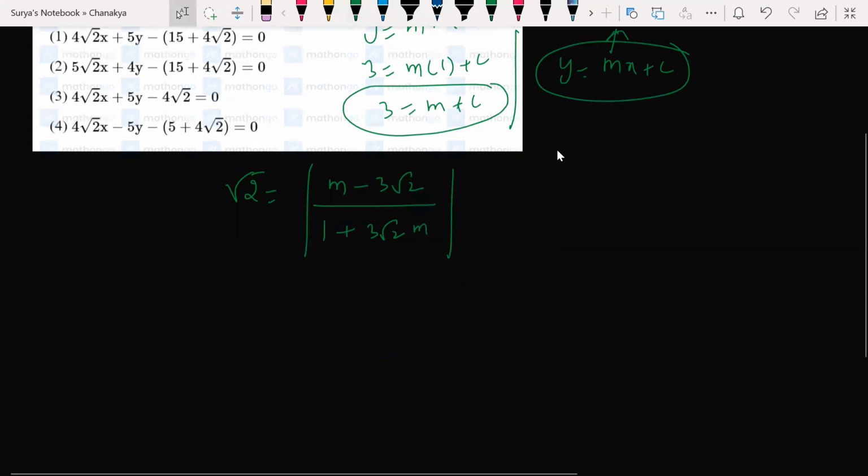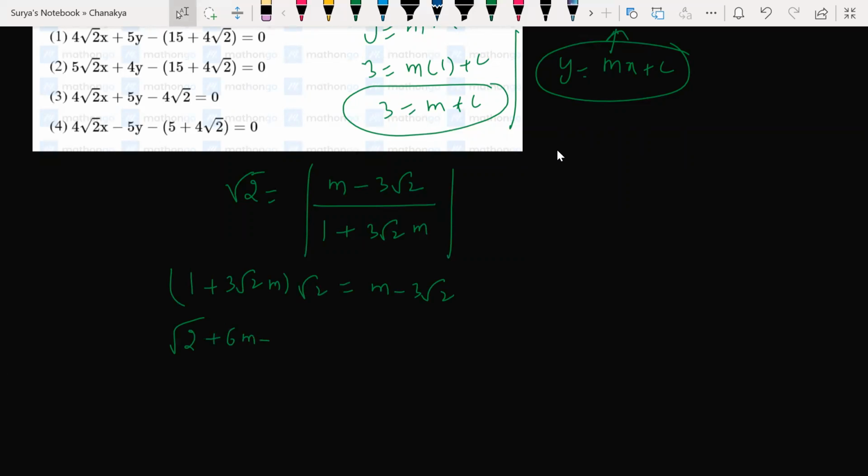What we are going to do now is multiply. So (1 plus 3 root 2 m) into root 2 is equal to m minus 3 root 2. Multiply this: root 2 plus 6m minus m plus 3 root 2 is equal to 0. So 5m plus 4 root 2 is equal to 0. Correct?